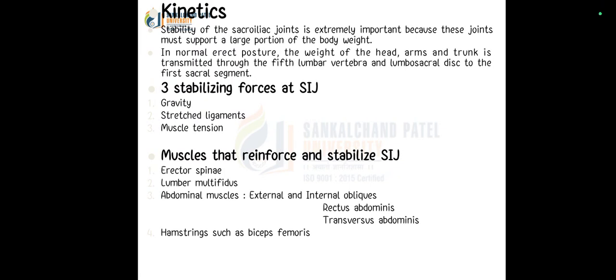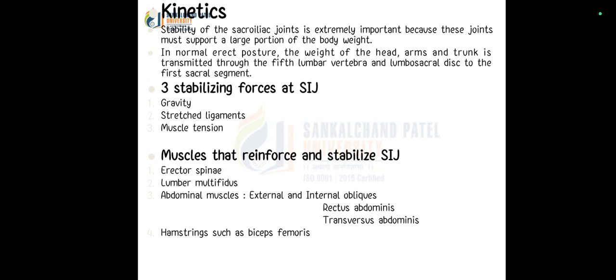Kinetics. Stability of the sacroiliac joint is extremely important because these joints must support a large portion of the body weight. In normal erect posture, the weight of the head, arms, and trunk is transmitted through the fifth lumbar vertebra and lumbosacral disc to the first sacral segment. There are three stabilizing forces at the SI joint: gravity, stretch of ligaments, and muscle tension.